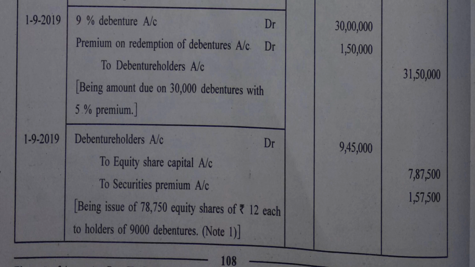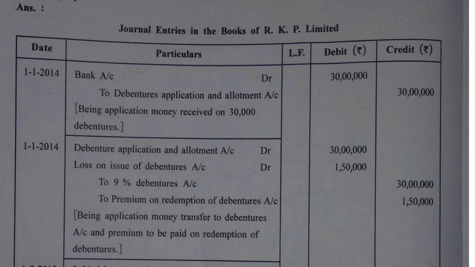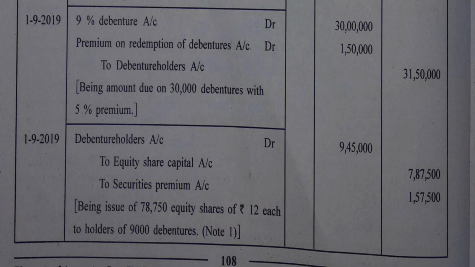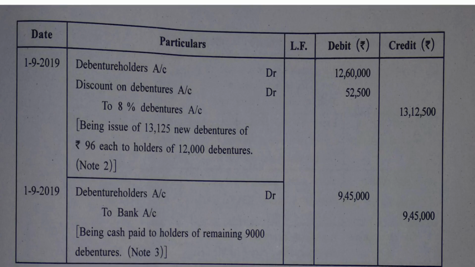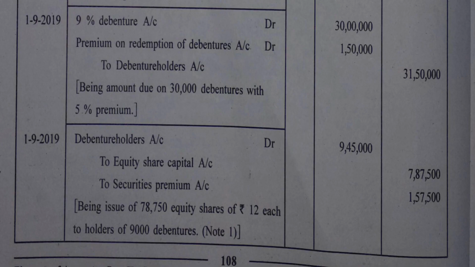The next journal entry is about the debenture holders who accept equity shares, and there are 9,000 such debenture holders. Yes, they accept equity shares. So the journal entry for that is given on 1st of September 2019.